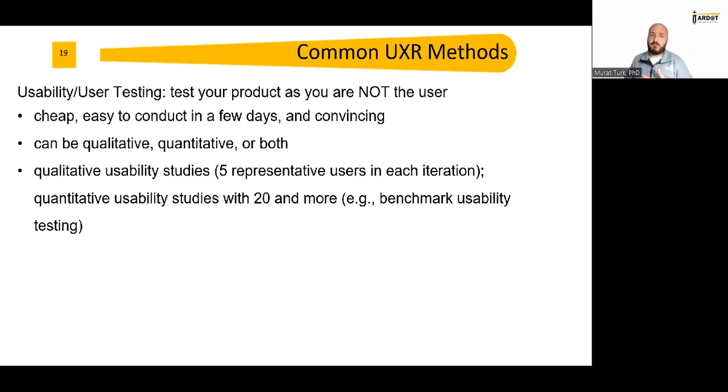So qualitative usability studies, generally 5 representative users are considered sufficient for each iteration.